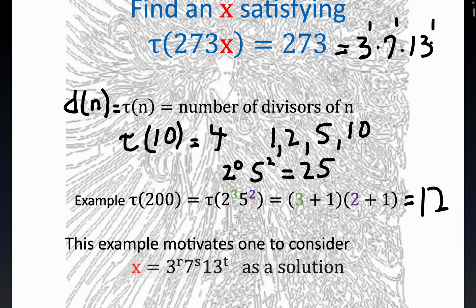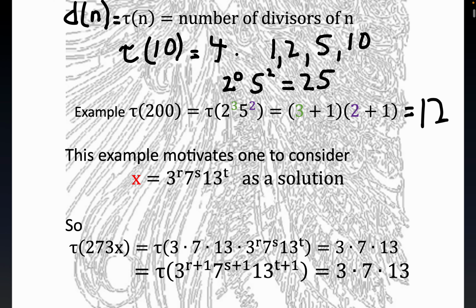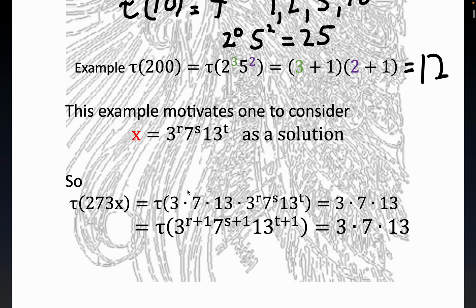So far so good. Now we're going to substitute this generic template into the equation. Here we go, just substituting it in. Tau of 273 is equal to, since 3 times 7 times 13 is 273, and we've proposed this x to be our solution type, it has to equal 3 times 7 times 13.